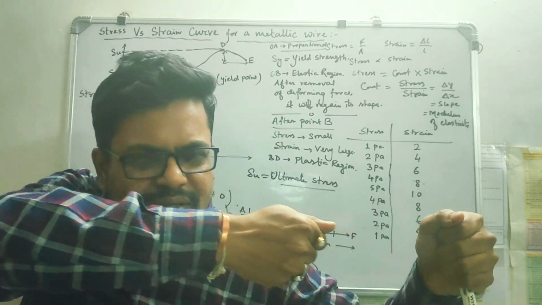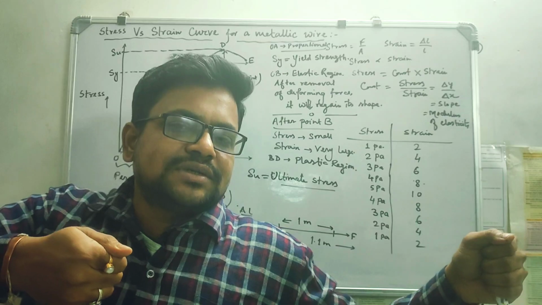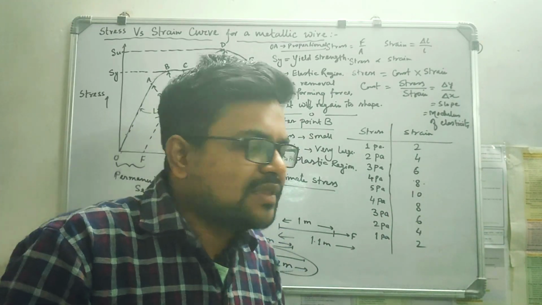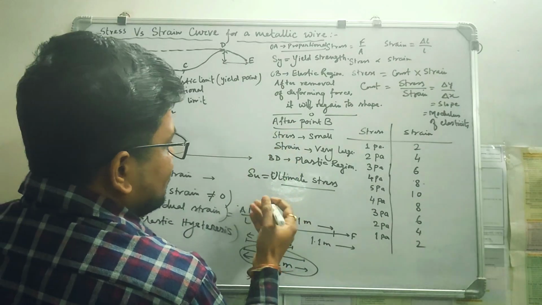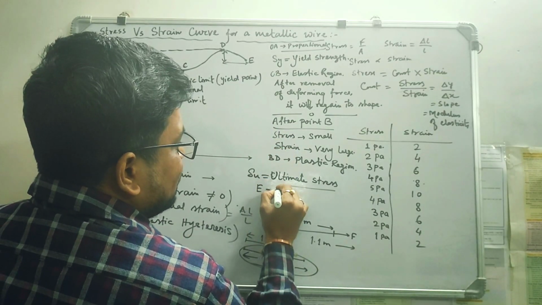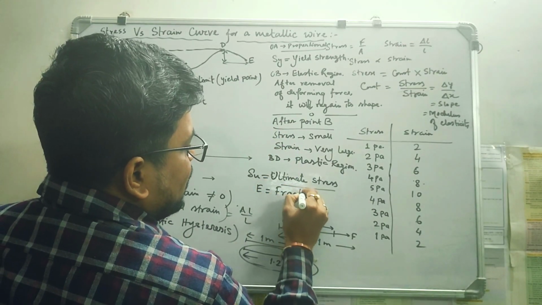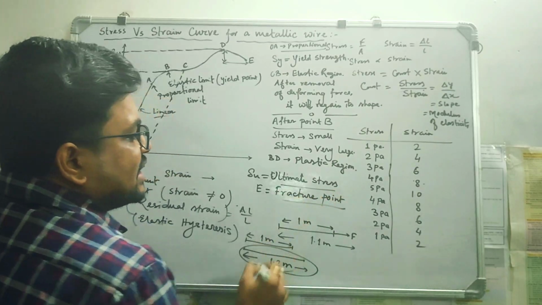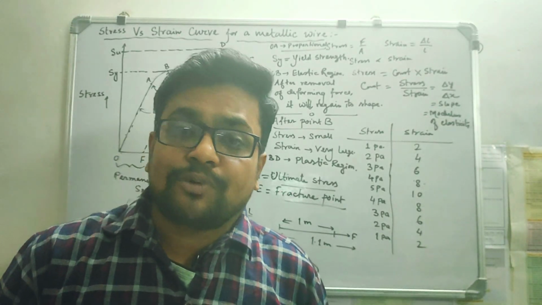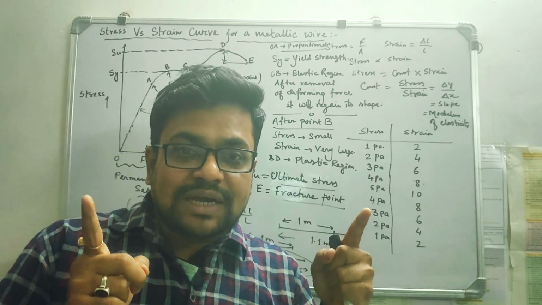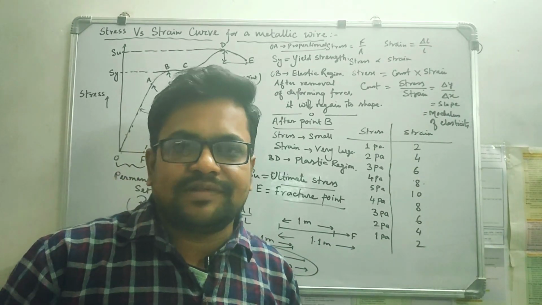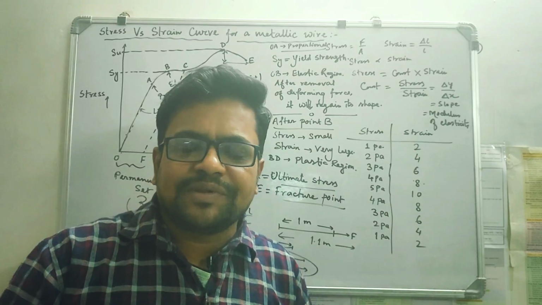Means we are applying too much force, and the wire breaks into two parts. That E point is known as the fracture point or rupture point, where the wire is broken into two pieces or maybe more than two pieces.